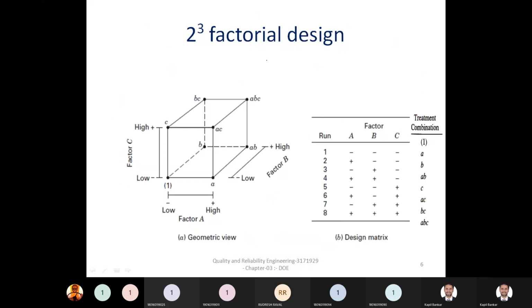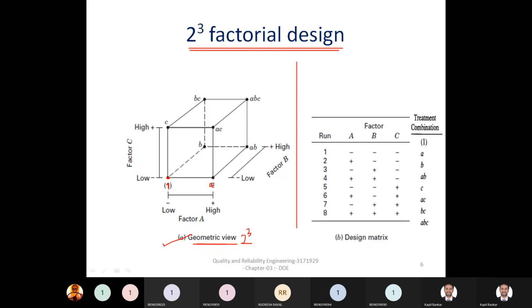Now the 2^3 factorial design. See, this is the geometric view of the 2^3 factorial design. This is a cube, and this is indicated by A. From this surface it is low and high.